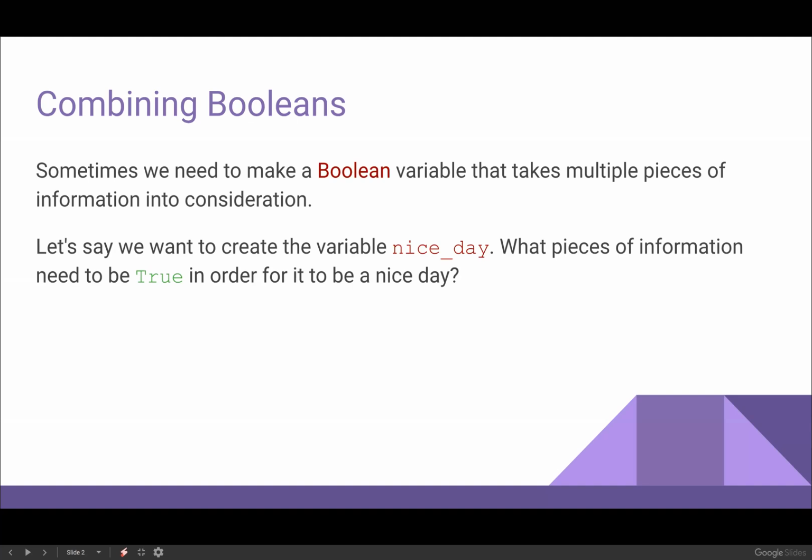So sometimes you need to make a Boolean variable that's going to take multiple pieces of information into consideration. So let's say I want to create the variable nice day. What kinds of things do I need to know for me to know that it's a nice day?